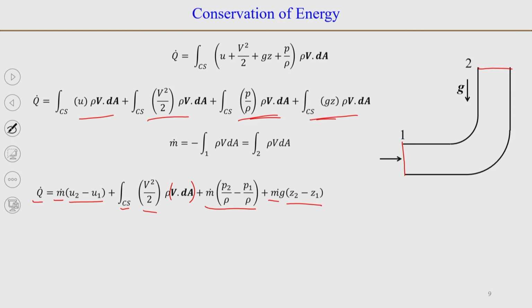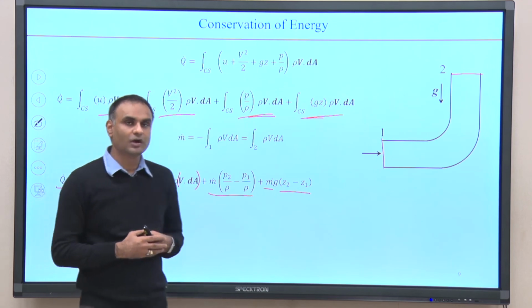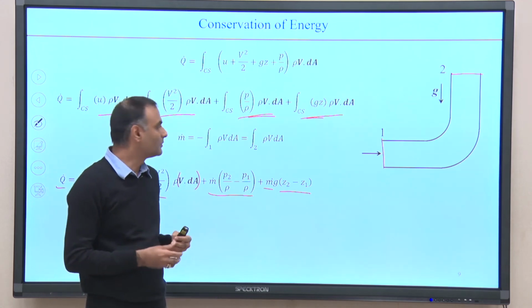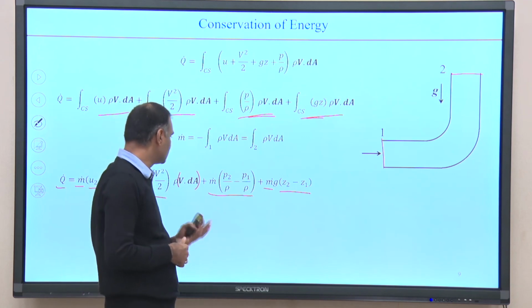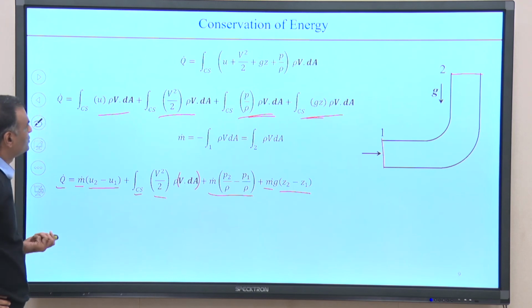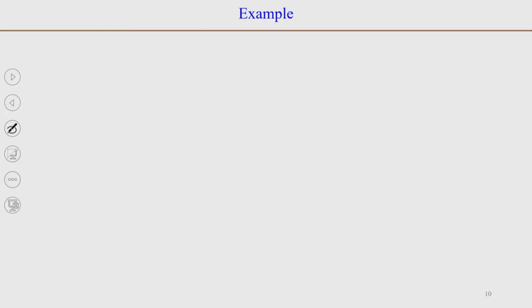So, later on in the course, when we look at the flow in pipes and solve the problems of flow in pipes or pipe networks, we will use this equation and come back to it. Now, let us take a simple example.